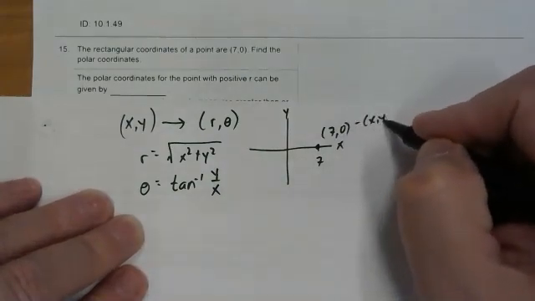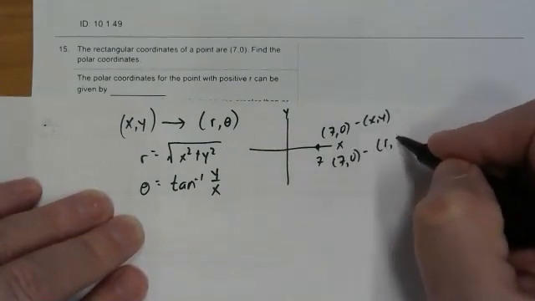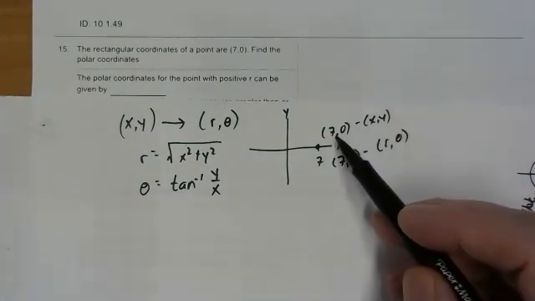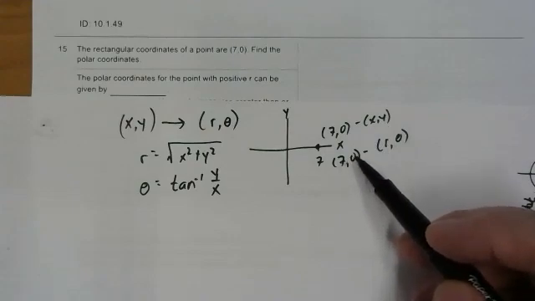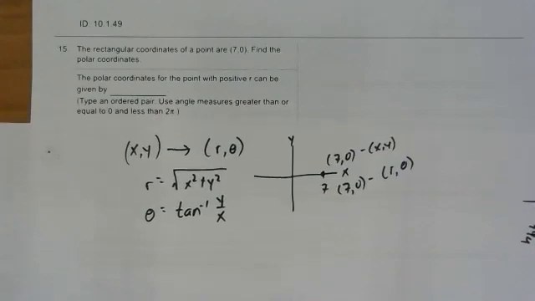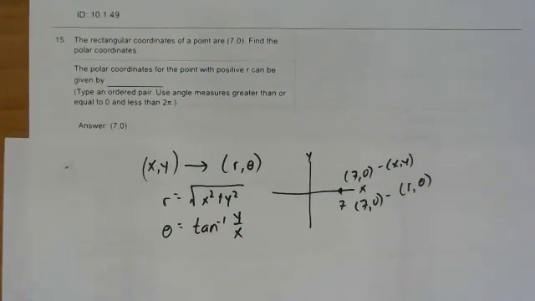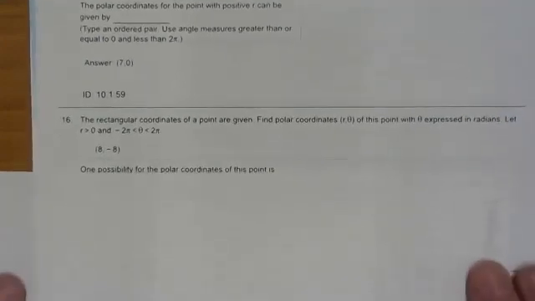So this is x, y. It turns out polar coordinates is actually the same thing, although here, 7 is x, 0 is y. Here, 7 is r, 0 is theta. It's almost like a trick problem. And there's the answer, 7, 0. All right, number 16 is the last one on this page.